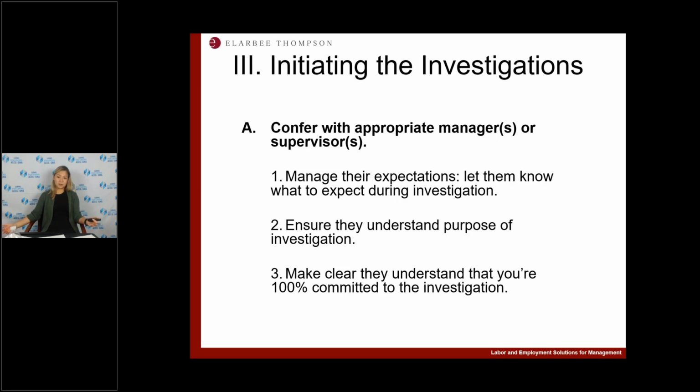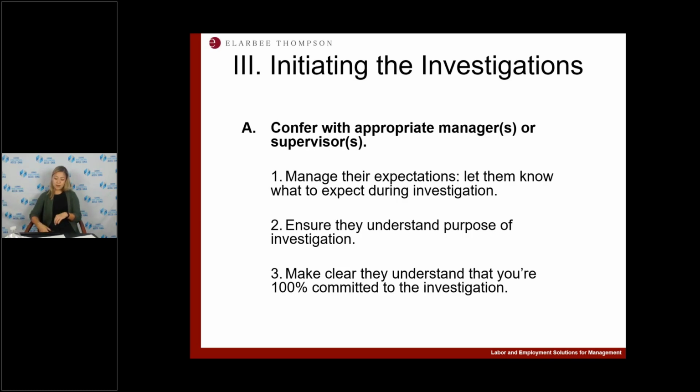The manager or supervisor needs to be made aware, just to keep the department running. So you want to manage their expectations without telling them too much, and make sure that they are on board.